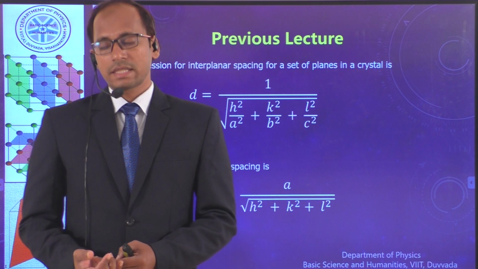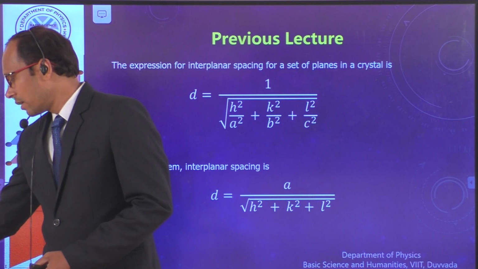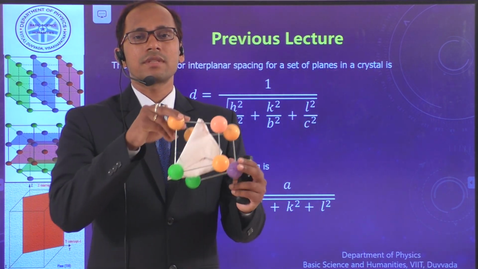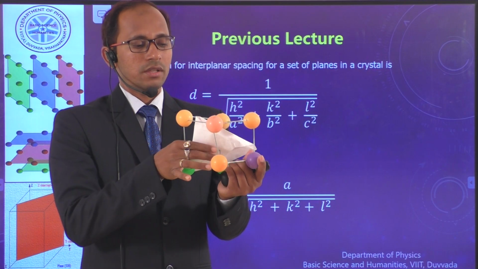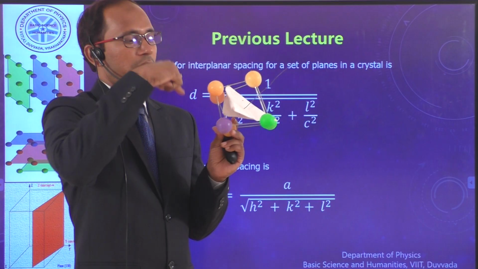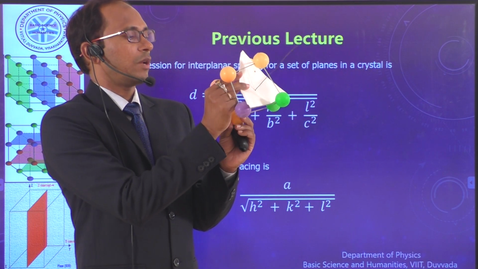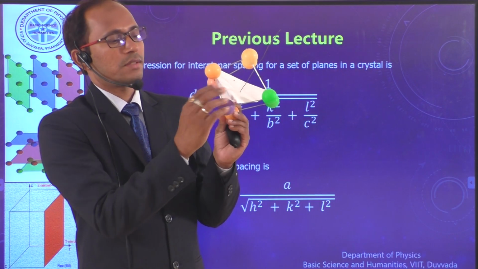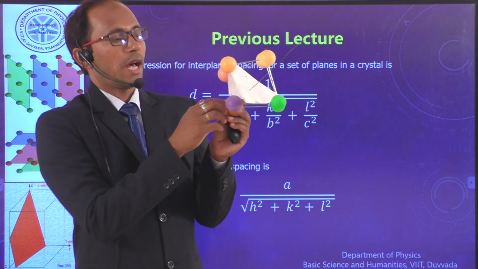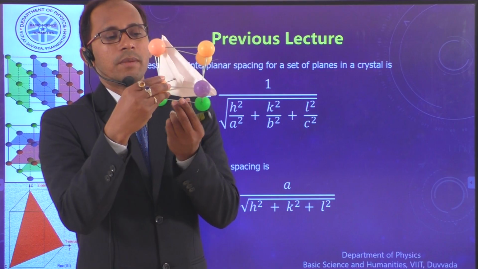That is what we discussed. There we have seen the parallel planes. This is the model constructed. We have taken one normal, and we have taken one plane. If you remember, this is the 1 1 1 plane.